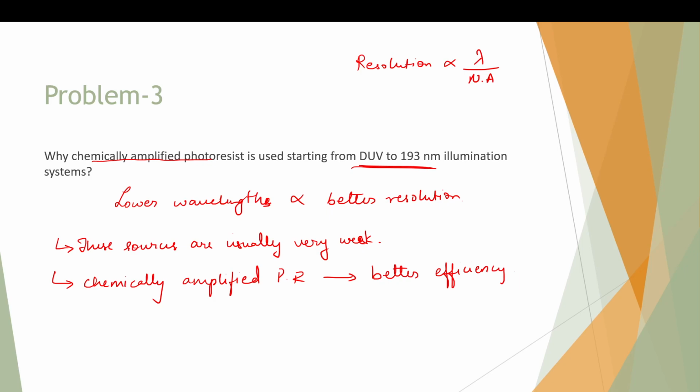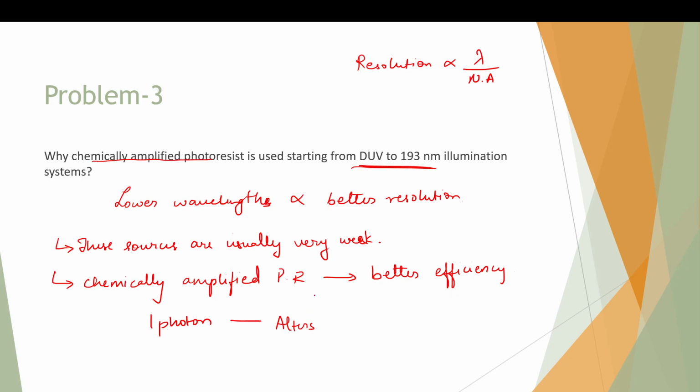Right. And why are they able to be more efficient? So it's very simple logic. So see, in standard resist technology, one photon will alter the solubility of a group of molecules, a very small group of molecules, and that's it.